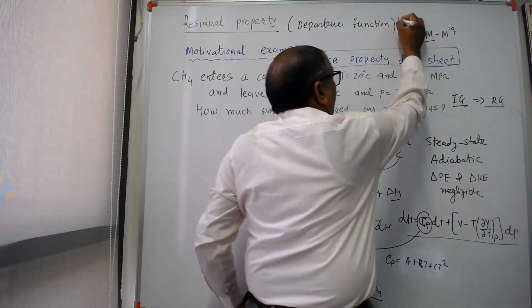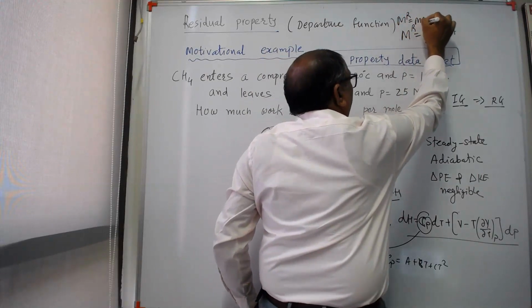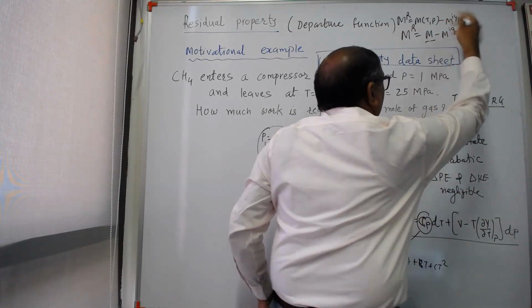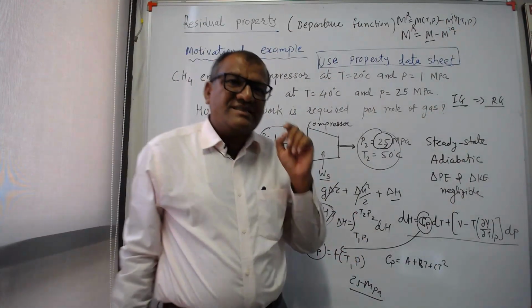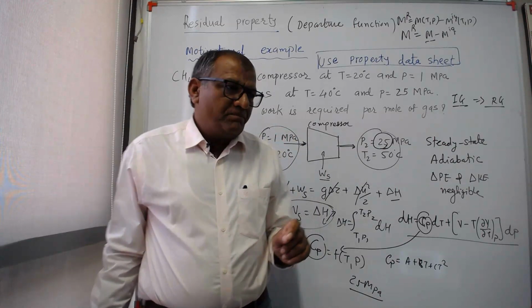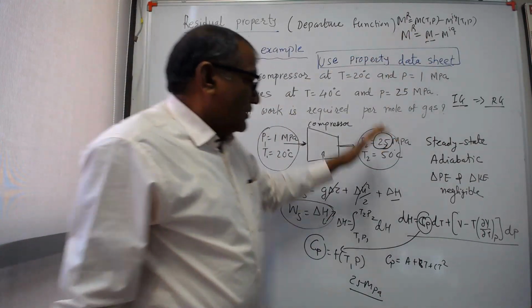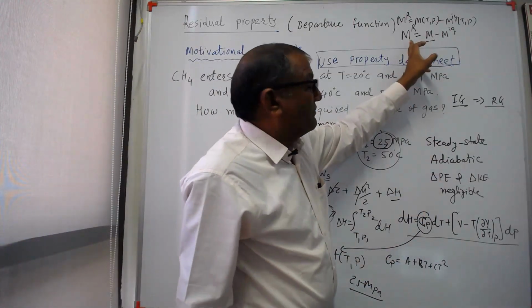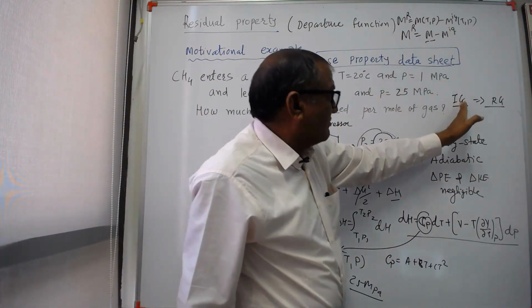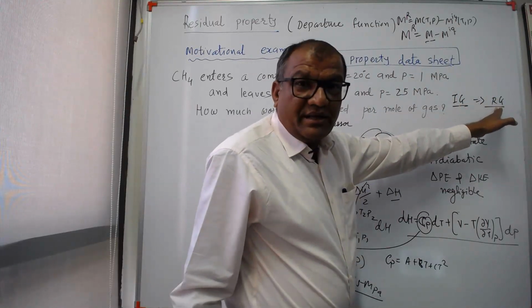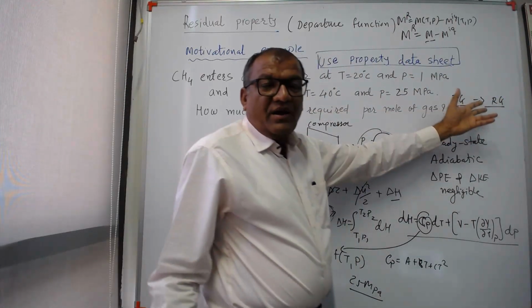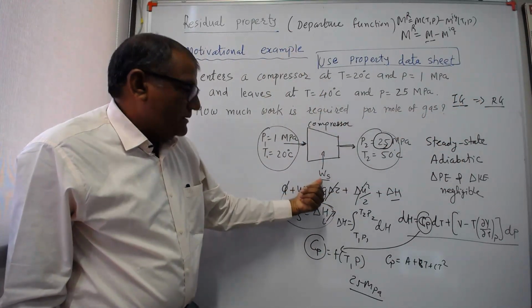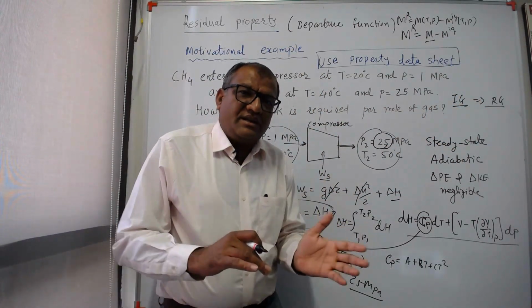So I can also write this as M(T,P) minus M^ig(T,P). So the meaning is, we have to consider the same temperature and pressure, and that is the real gas. In the case of an ideal gas, we can solve the problem, but if we know the value of this, then we can easily shift to the real gas and find the value of any property considering the real gas.